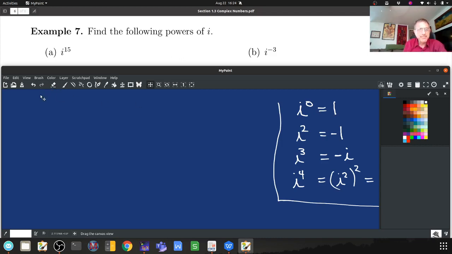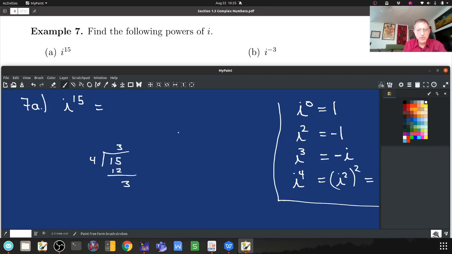So this is 7a. i to the 15th. Well, 15 divided by 4 is 3, 4 times 3 is 12, and I have a remainder of 3.